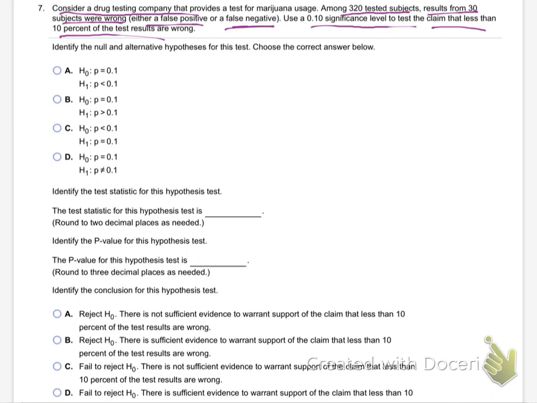Okay, let's try this. So what's the claim again? The claim, right there: less than 10%. So p less than 0.10. That's the claim. That's the percentage that are wrong. Less than 10% of the tests are wrong. So we have to write our H0 and our H1.